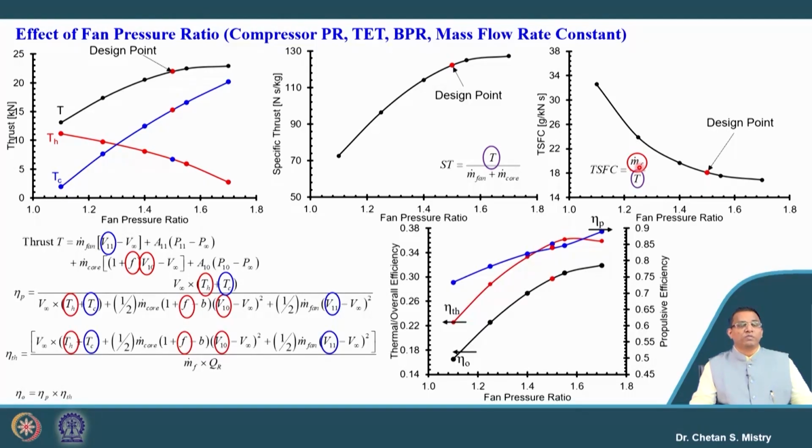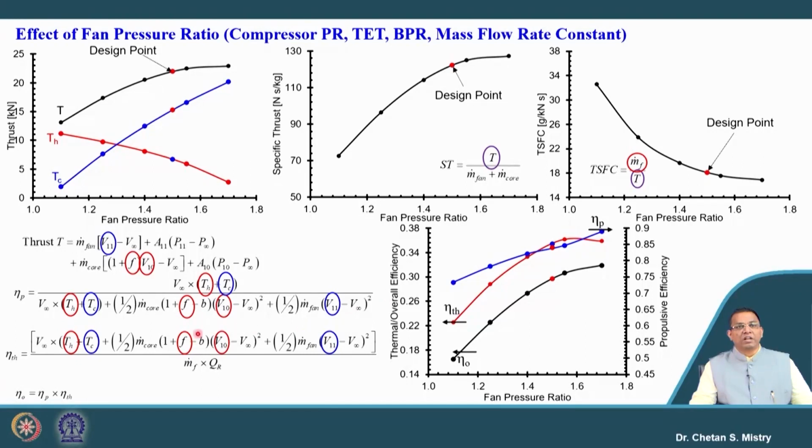Okay. Now, let us look at what is happening with our efficiency terms. Since we are discussing the flying condition, we will be having the presence of all 3 efficiencies: propulsive efficiency, thermal efficiency and overall efficiency. With the increase of fan pressure ratio, we will be having a rise of thermal efficiency.